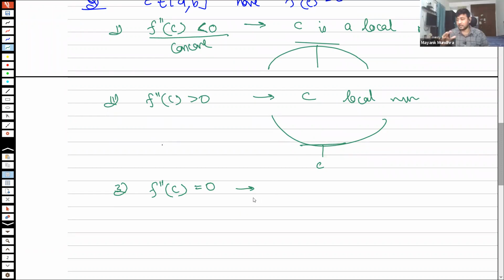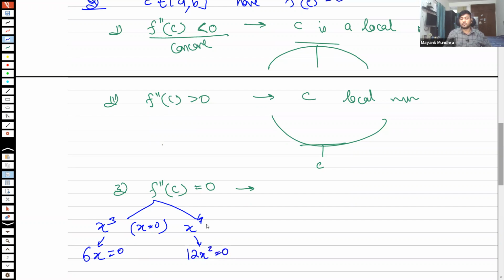This is exactly what we were discussing last time, that f double prime c equals 0 does not directly imply point of inflection. In this regard, I discussed two examples, x cube and x to power 4 at x equals 0. For both these functions, x equals 0 is a point where f double prime is going to be 0, because the double derivative of x cube is 6x, which is 0, and the double derivative of x to power 4 is 12x square, which is again 0.